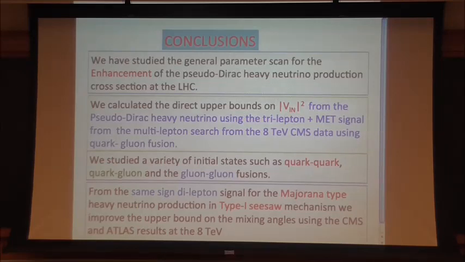We have studied the initial states such as quark-quark, quark-gluon and gluon-gluon, and we have separated the production channels from these processes. We have given the upper bounds on the same sign dielectron plus dijet using the type 1 seesaw, and we have improved those upper bounds by including the 1-jet and 2-jet processes.